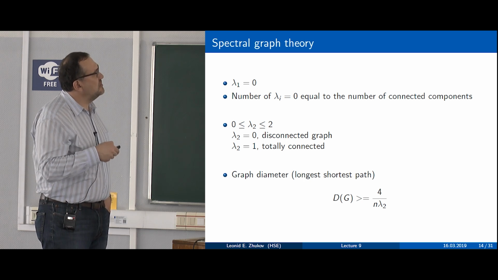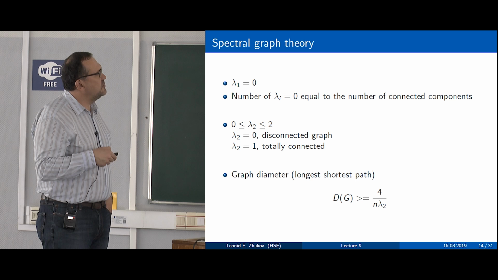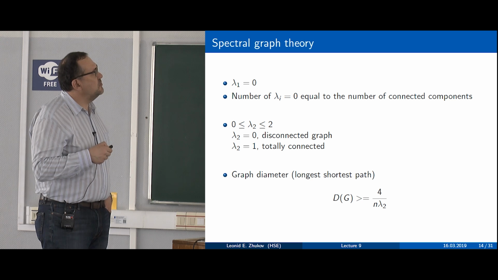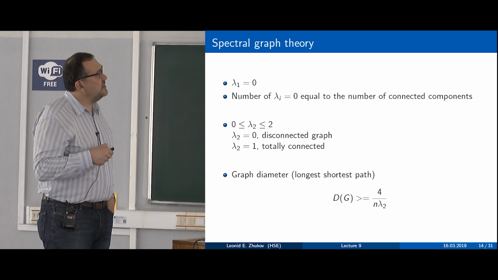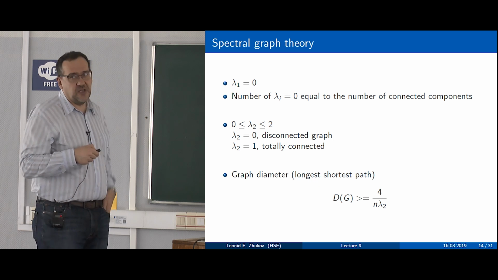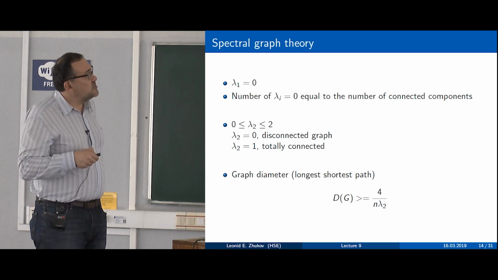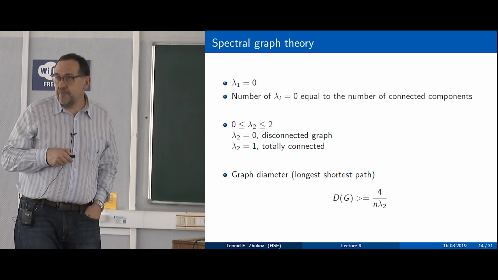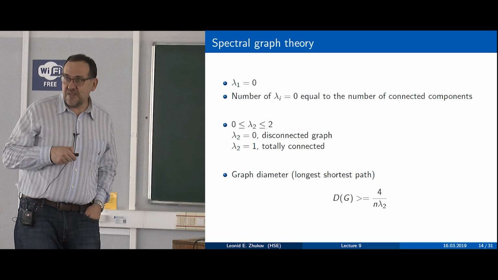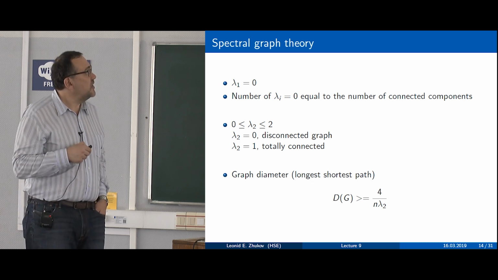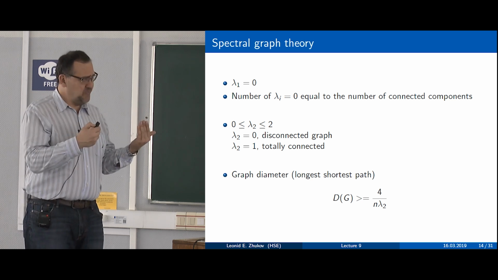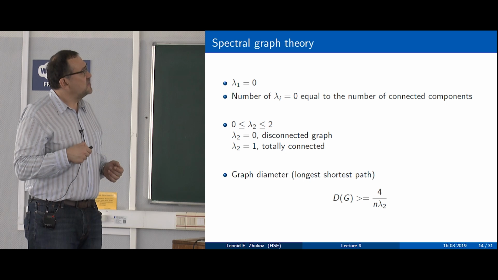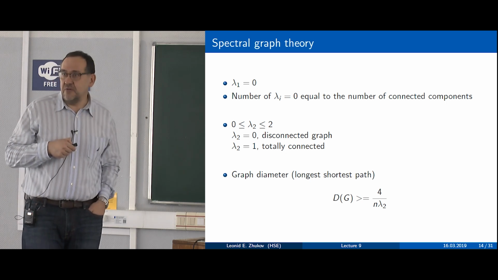By the way, there are a few things about spectral graph theory that you might know before we go into practical things. One thing is that the smallest eigenvalue is 0. The second interesting story is that the number of zeros, if you actually calculate eigenvalues, corresponds to the number of connected components. If your graph is connected, you have only one connected component, and that's why there is only one eigenvalue that is 0. If your graph consists of two connected components, the first and the second value will be 0.